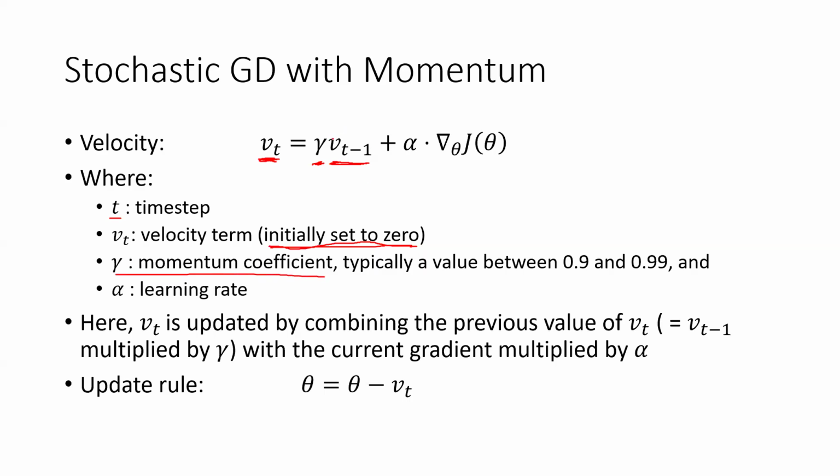This momentum coefficient is some value between 0 and 1, so you use some proportion of the previous velocity multiplied by this coefficient, and then we add the learning rate times the gradient. So this is the update rule for the parameters.